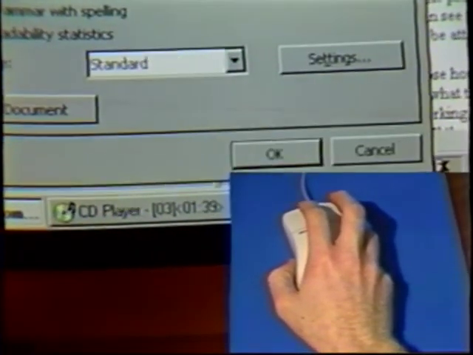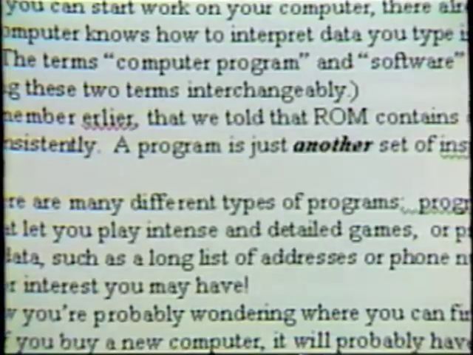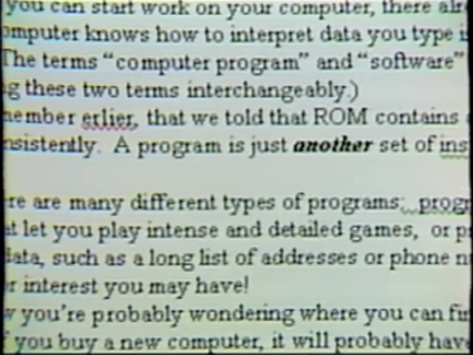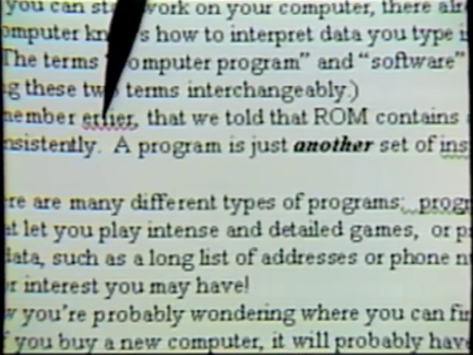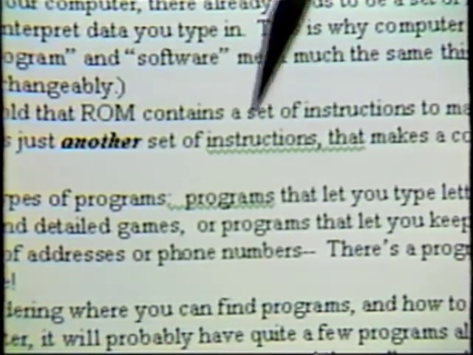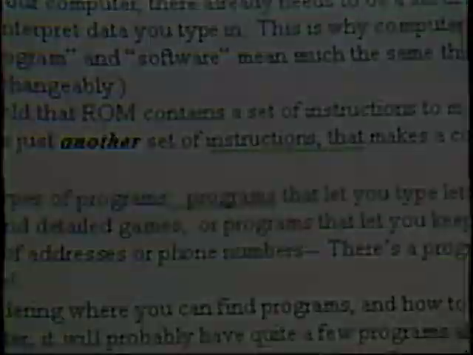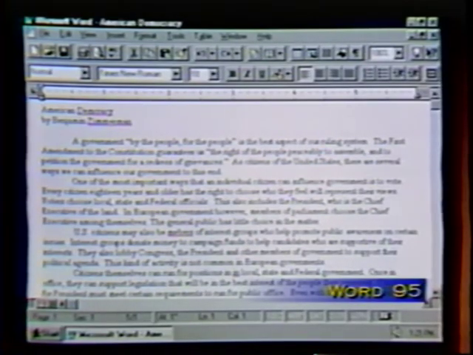When you've clicked on these items, click OK. Now Word will underline any misspelled words with a wavy red line, and any grammatical errors with a wavy green line. Remember, Word 95 does not check grammar automatically.